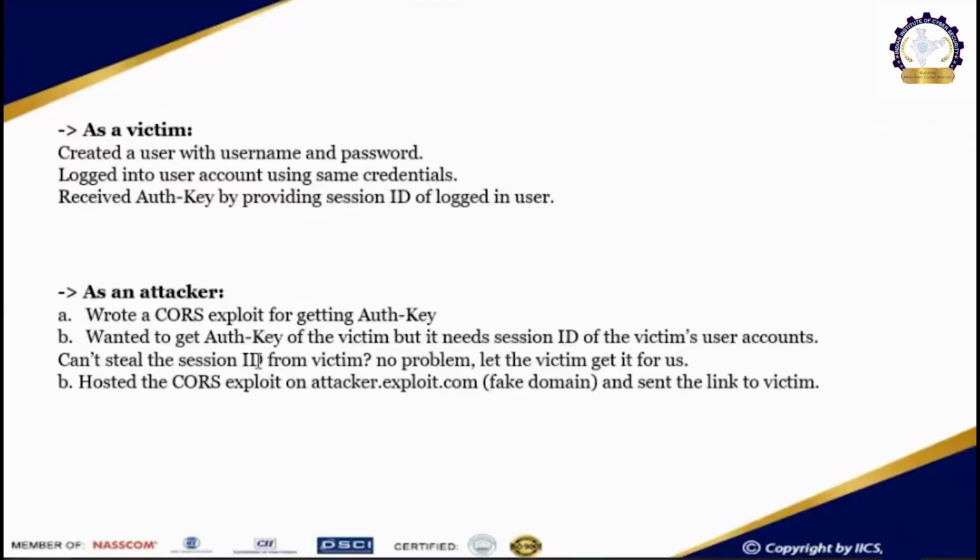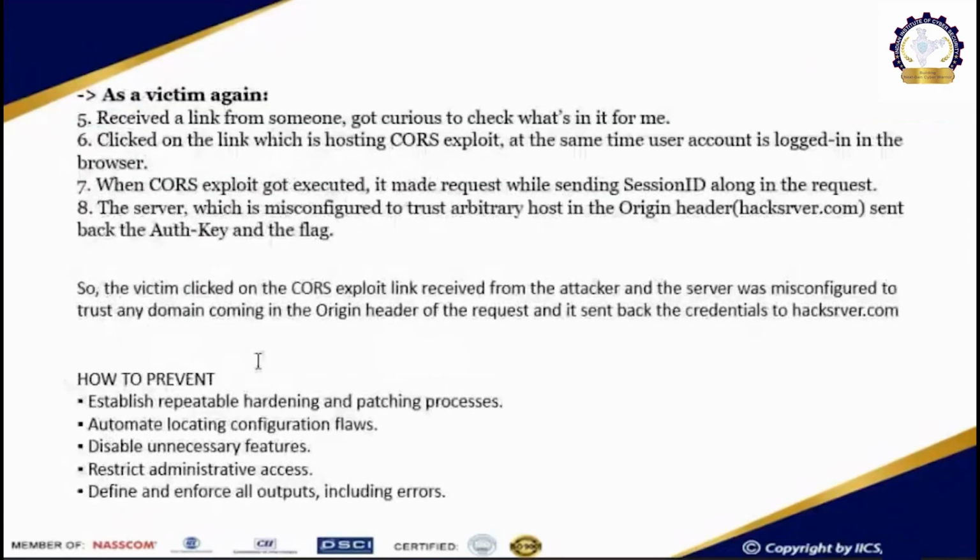Then the attacker sends that link to the victim, and right after it gets clicked, the session ID is hijacked. The server is misconfigured to trust any domain as its origin header, and it sends credentials back to that server.